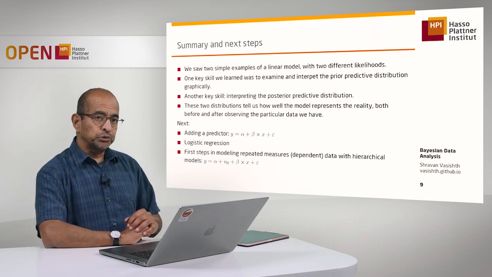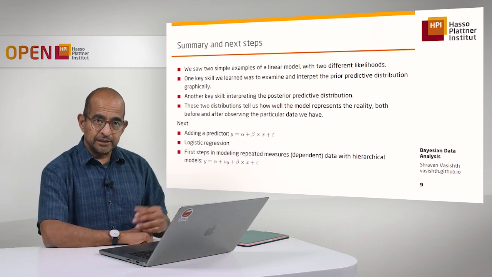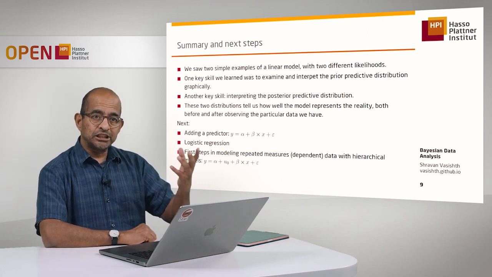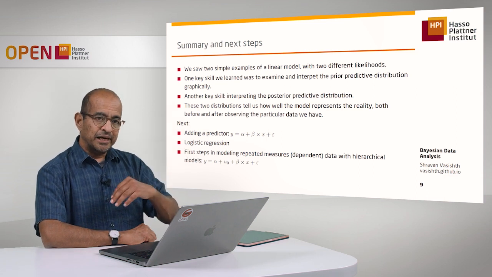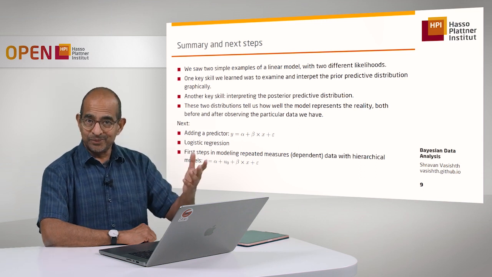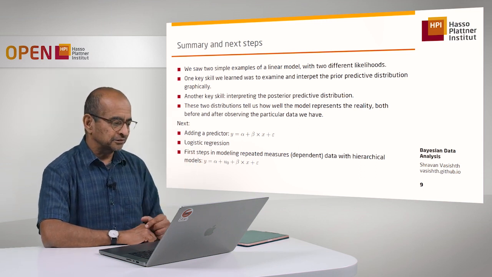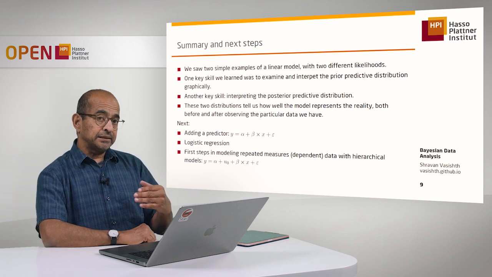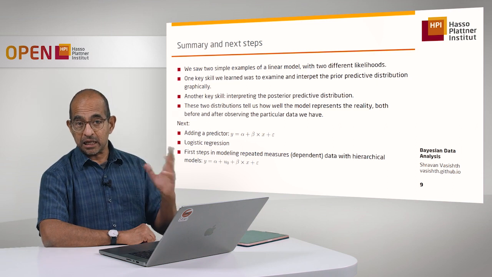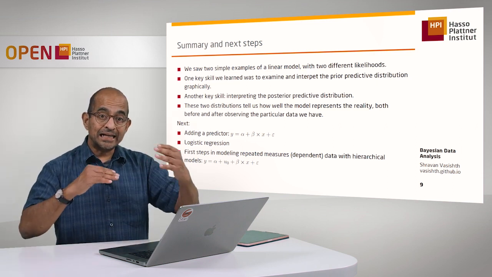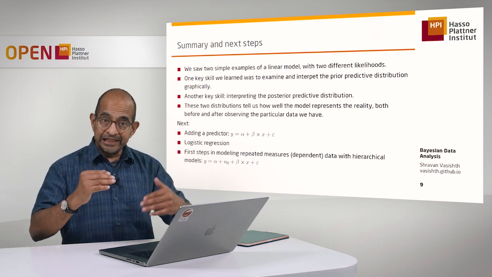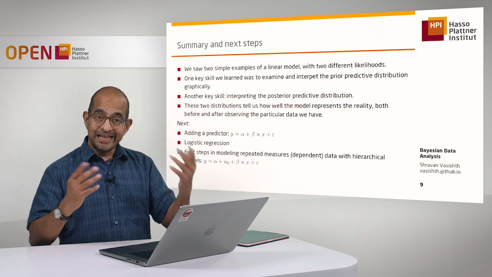Another example I will show you is of using logistic regression. This will be familiar to people doing machine learning, where you've got a 0-1 response, right? Where we're trying to model this kind of Bernoulli process using a linear modeling framework. So we're going to use logistic regression for that. And finally, I'm going to show you just a glimpse of what a linear mixed model or a hierarchical model looks like, where you start adding information about individual participants, the variability due to individual participants, into the model.